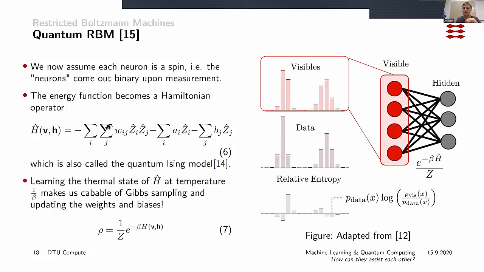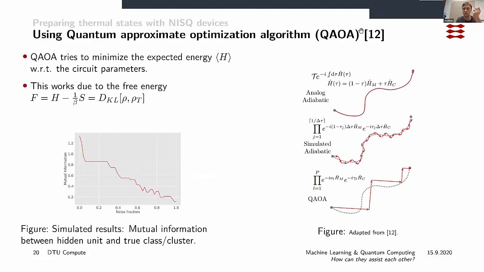But you can also define something else that is much easier, for example, only having these biases on each qubit. And so they show that if you prepare your qubits in a thermal state of some easy Hamiltonian, then you minimize the expected energy of the Hamiltonian, which you can do with variational circuits, QAOA.